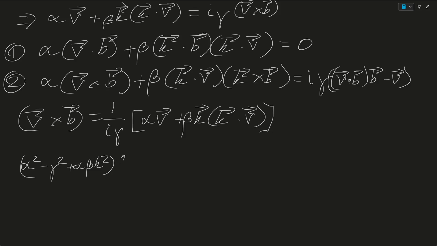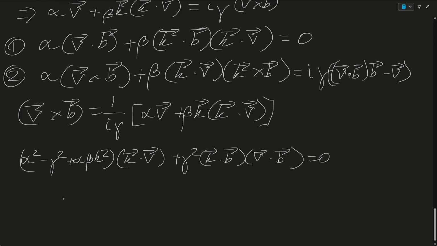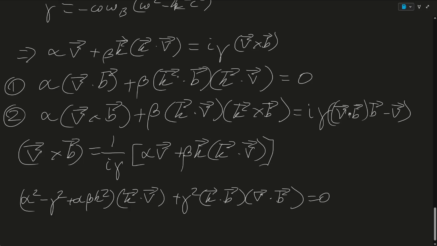Okay, and K dot V is gamma squared K dot B, V dot B is 0, and we can substitute in V dot B from this here, which will be that over K, which will get rid of that.